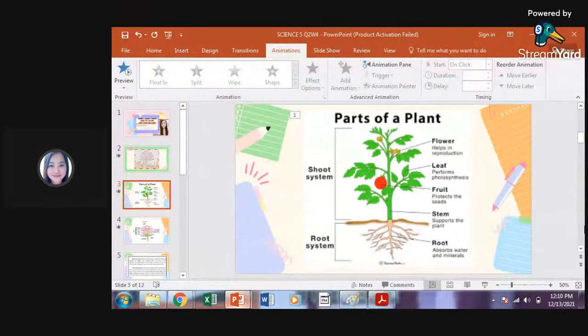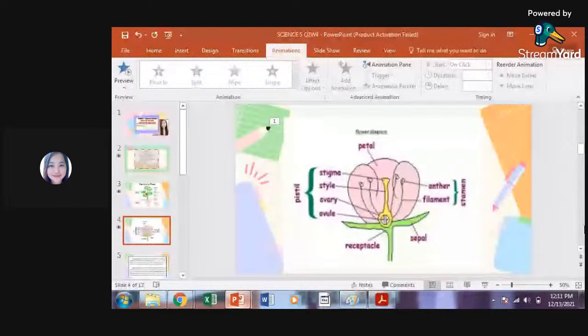Now let's talk about the different parts of a flower. Some plants reproduce using their parts like their roots and stems, while others reproduce by using their accessory part, which is the flower. And as you can see, there are also different parts of the flower.